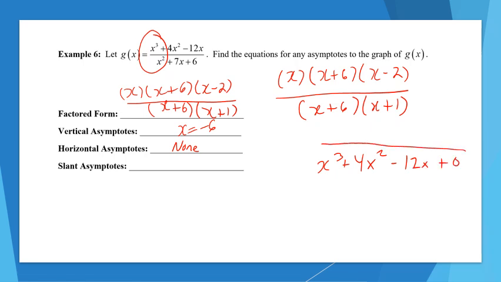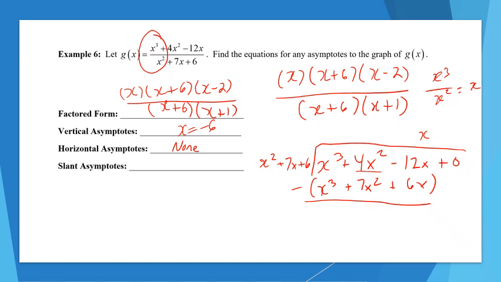And I'm just going to add in that plus 0 just in case. And then x squared plus 7x plus 6. I would do x cubed over x squared, which is just x. Multiply this out, so x cubed plus 7x squared plus 6x.